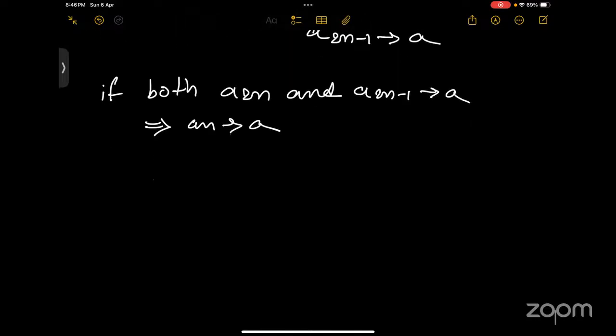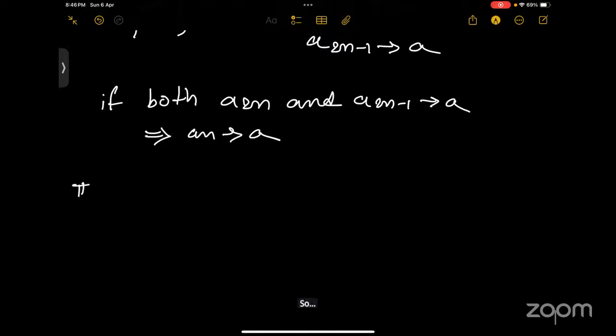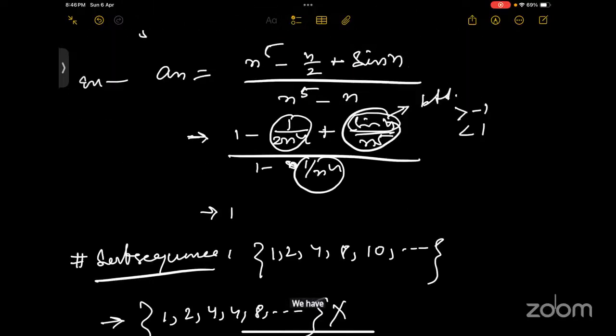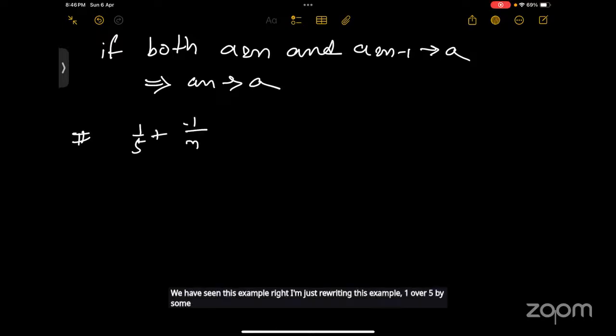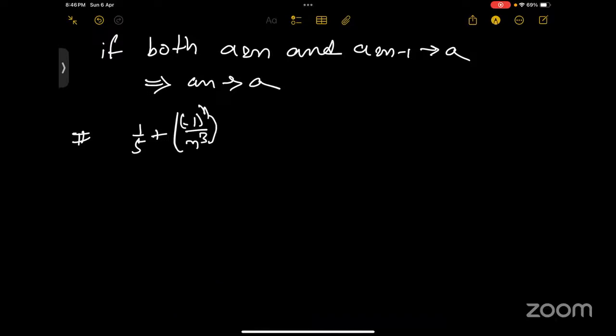So we have seen this example, right? I'm just rewriting this example: 1/5 plus minus 1 per n cube, for example. Suppose this is our a_n.